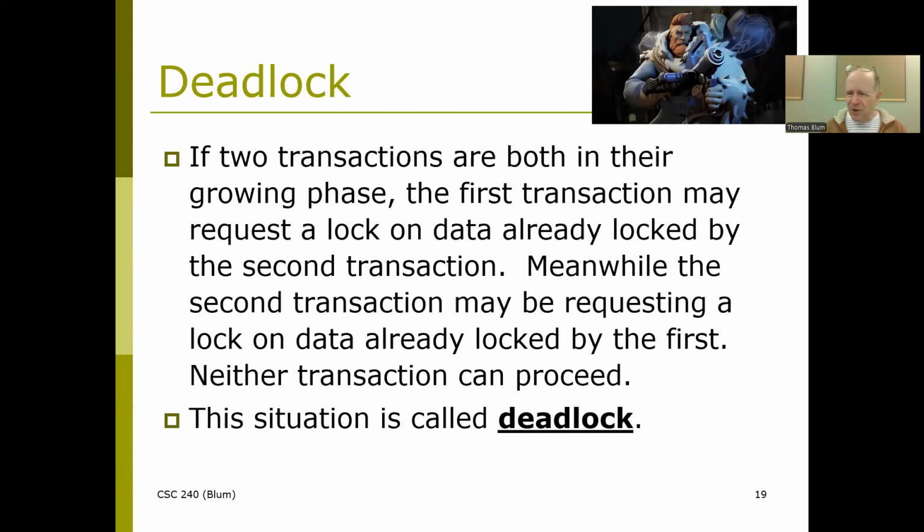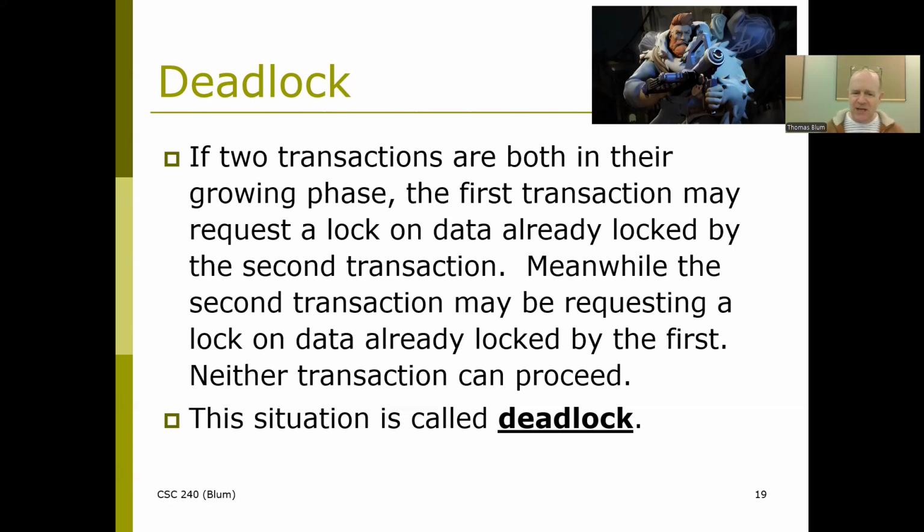Now, this is a different problem of two transactions wanting the same data. We have this whole locking system to prevent problems of transactions interfering and leading to inconsistent states. But there's a different problem called deadlock. I can have a transaction that's going to require a bunch of data, and during its growing phase, it's requesting more and more data.